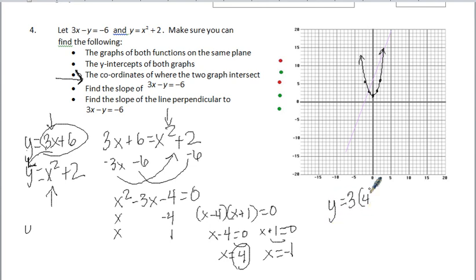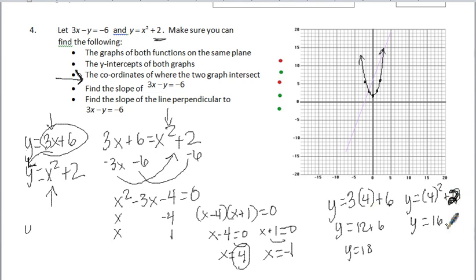If I plug in a 4, 3 times 4 plus 6, and then I do the same thing for my parabola, 4 squared plus 6, watch what happens. I get y equals 12 plus 6, or y equals 18. And over here, y equals 16. Wait, hang on, that's a plus 2. Ooh, plus 2, plus 2. Okay, plus 2, I get y equals 18.